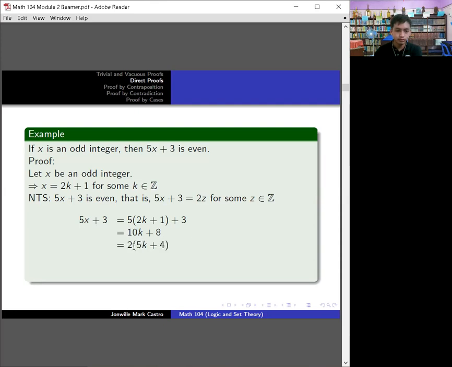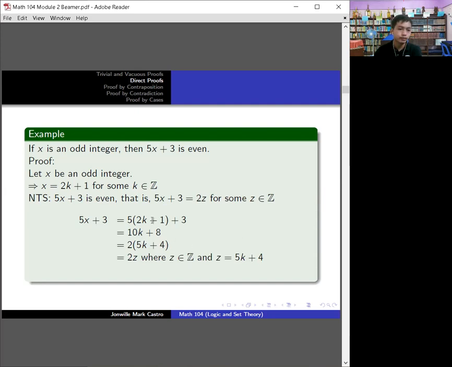Okay, so 2 times the quantity 5k plus 4. Si 5k plus 4, si k ay integer, so 5 times an integer, integer times integer is an integer, plus an integer is still an integer. So i-rewrite natin siya as 2z, where z is in Z, or set of integers, and z equals 5k plus 4. So si 5k plus 4 ay integer na.